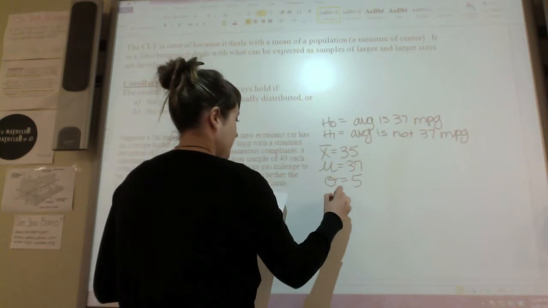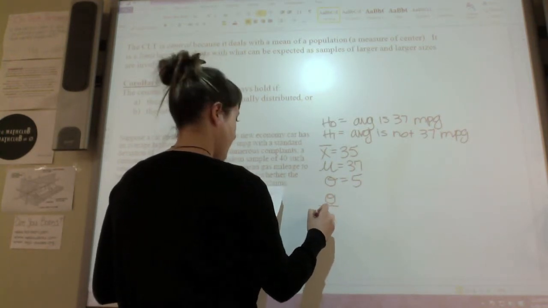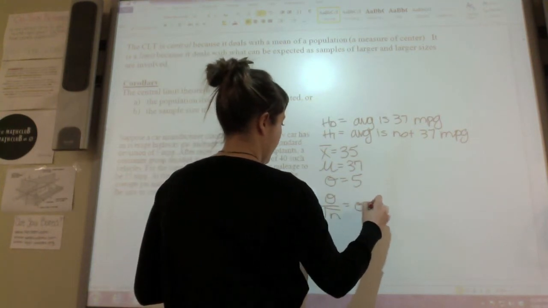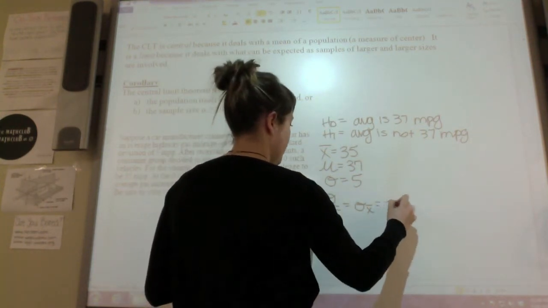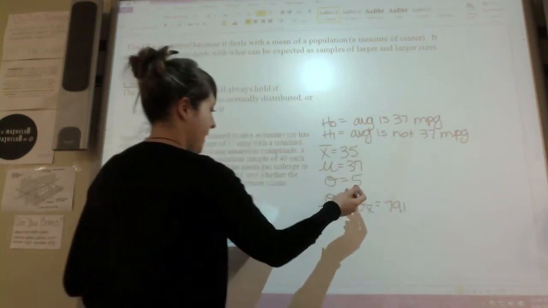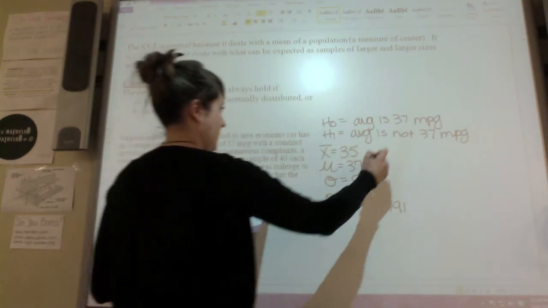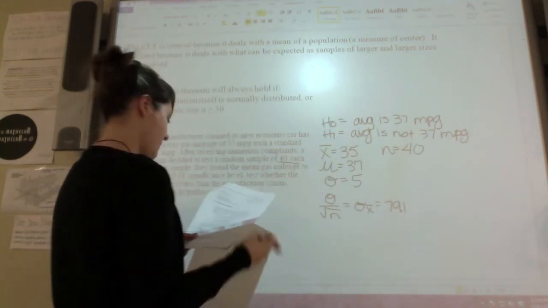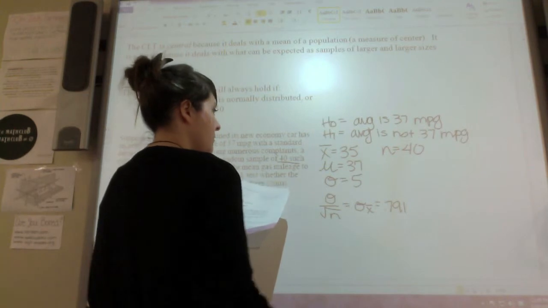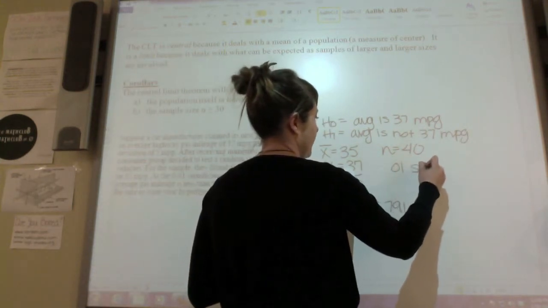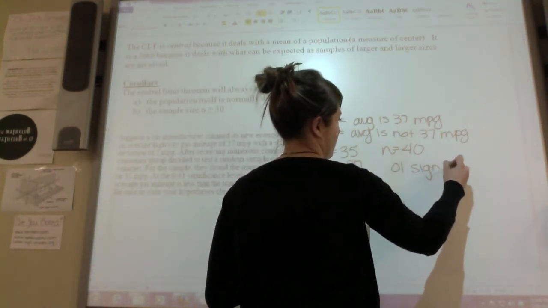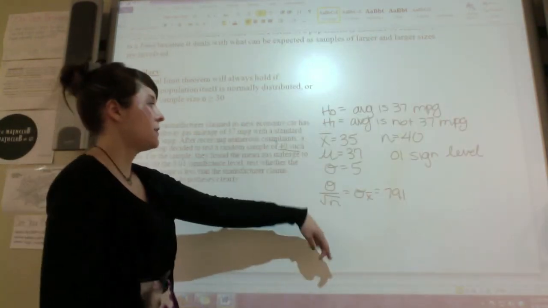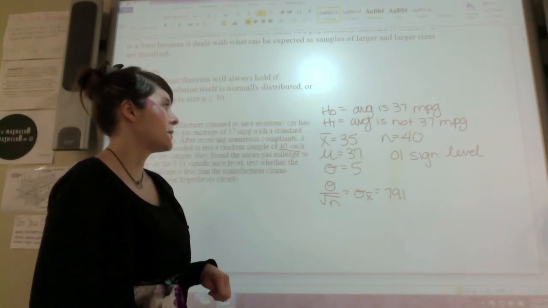So if I want to find my sigma over the square root of n, which is my sigma x bar, that's going to be 0.791, because sigma is 5 and my n is 40, because I tested 40 cars. And I'm trying to test this at the 0.01 significance level.